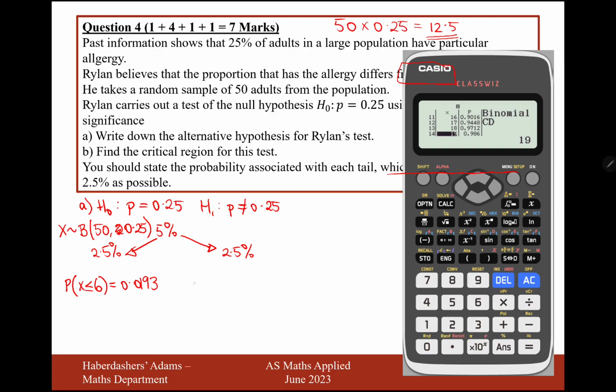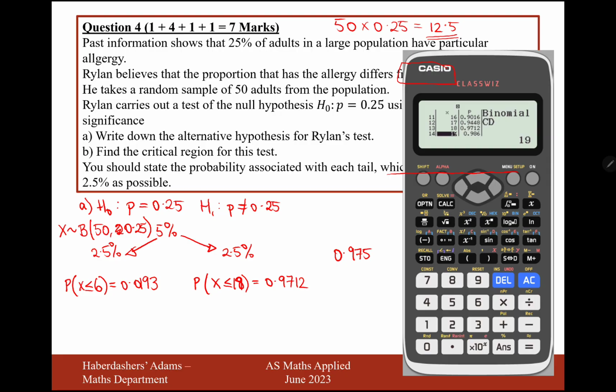So I would say out of those two values, the probability where X is less than or equal to 18 is 0.9712. That's as close to 0.975 as we get, which would be the upper bound of the probability, where we have a probability of 0.025 at the top.